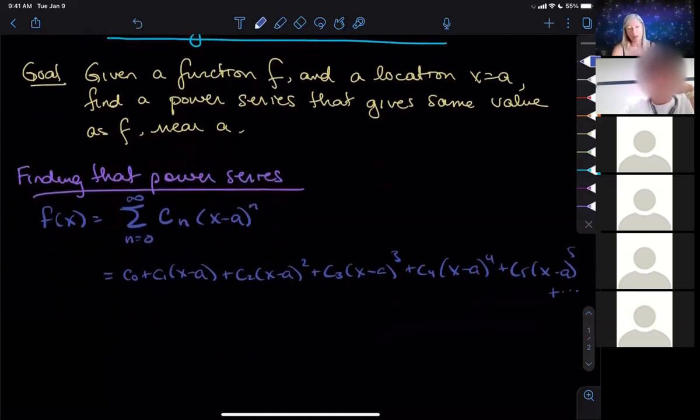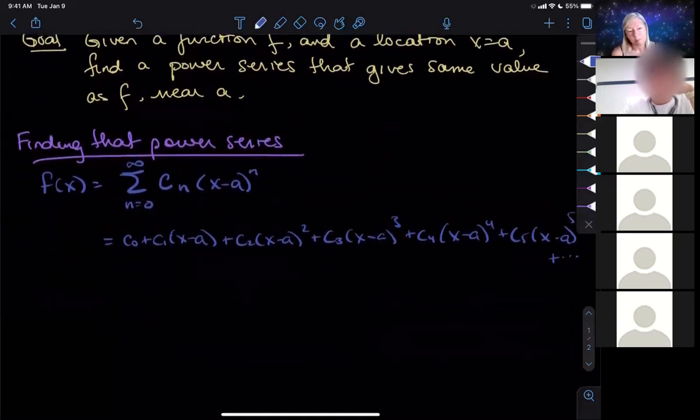Okay, so this is just a polynomial. And I mentioned this before, but I'm going to say it again: everything there is fixed except for the coefficients. a is the location, the x value that we're trying to find out what power series works, so we leave a as it is. x is the variable that has to stay. n is the counter.